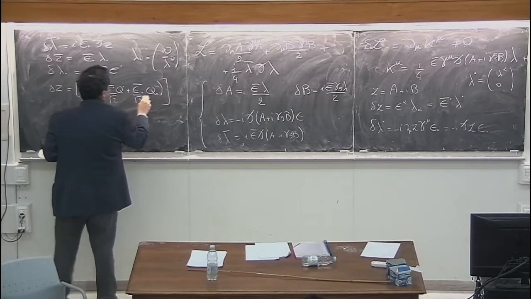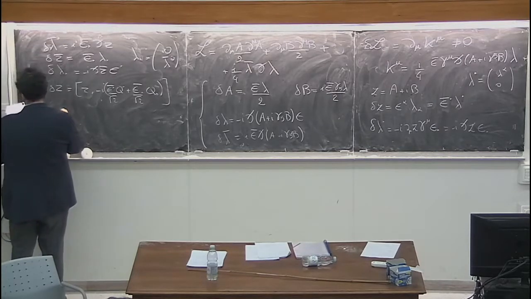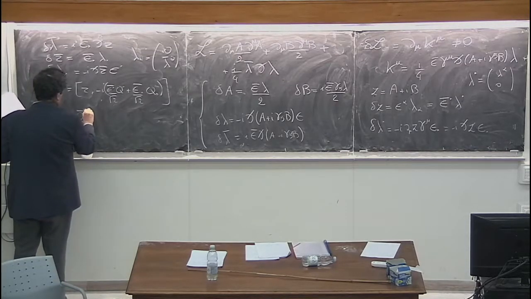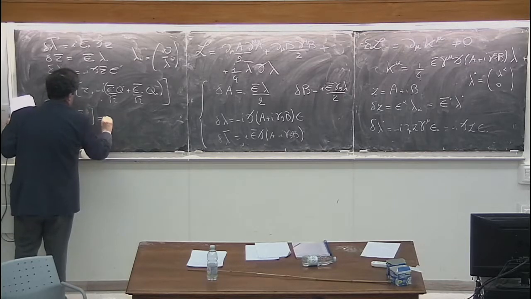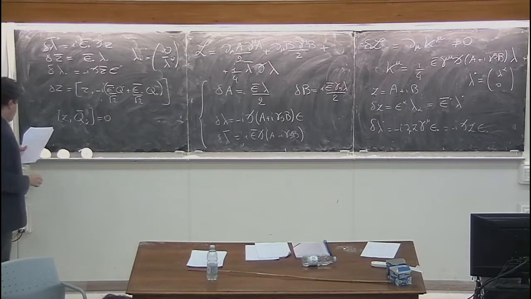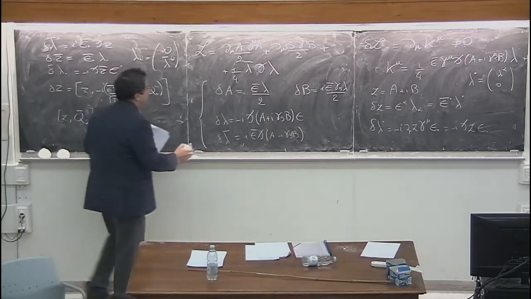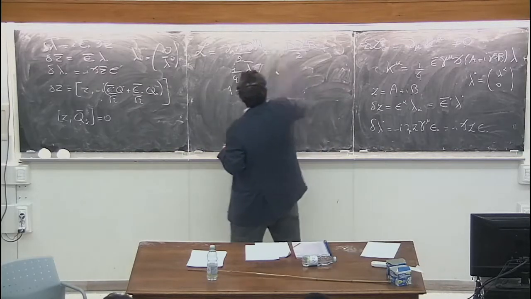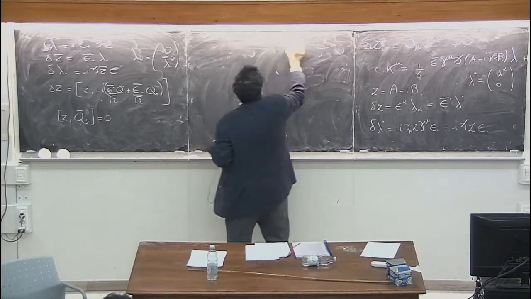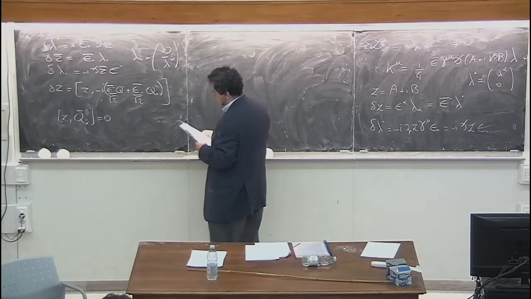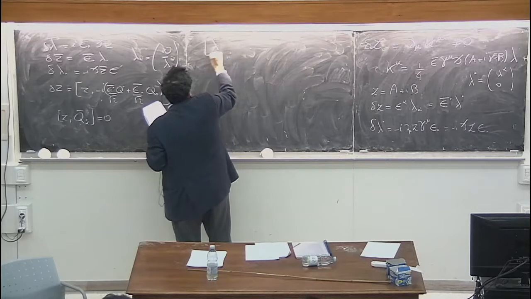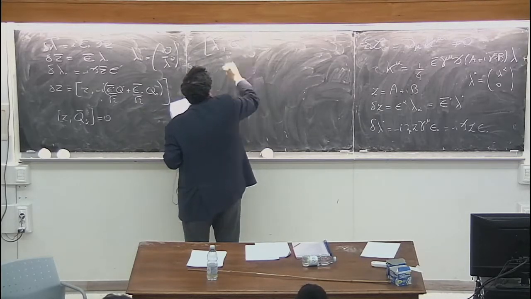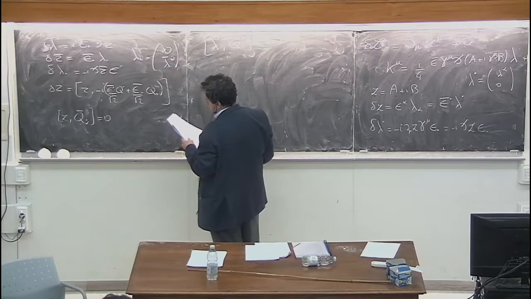This means that the commutator with Q lower bullet is 0, that is Z with Q bar alpha dot is 0. Okay, so Z is precisely the state which is annihilated by Q bar, and lambda is the state annihilated by Q alpha. Okay, fine.